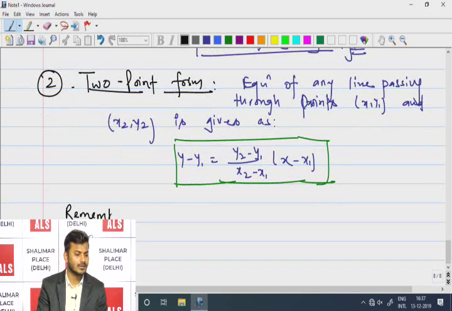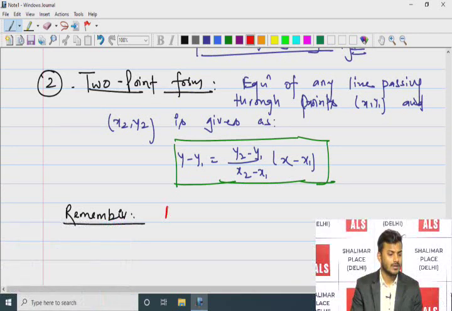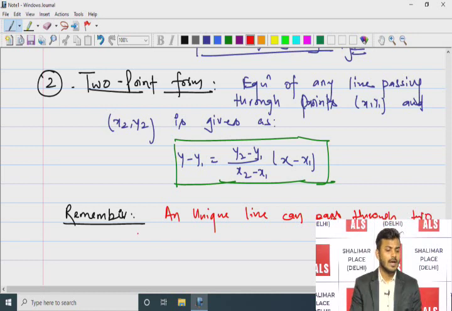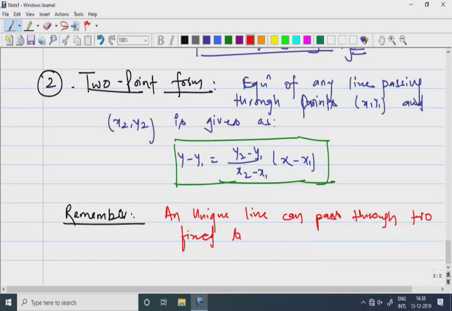A unique line can pass through two fixed points. What is the line? Unique line. This is the line. All right.